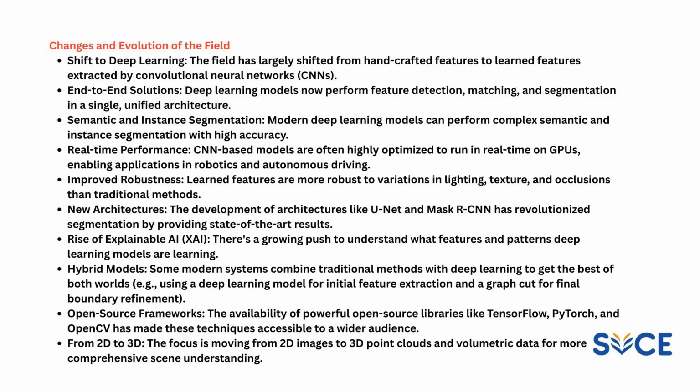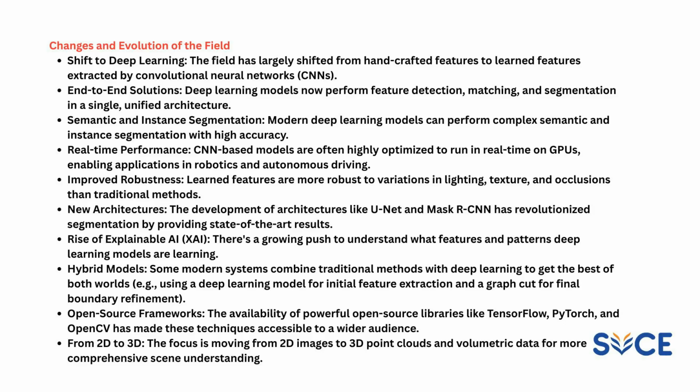The widespread availability of powerful open source libraries like TensorFlow, PyTorch, or OpenCV for facial recognition has democratized the field. These frameworks provide pre-trained models and tools that allow developers to build advanced vision systems without having to start from scratch. So these are all added advantages.